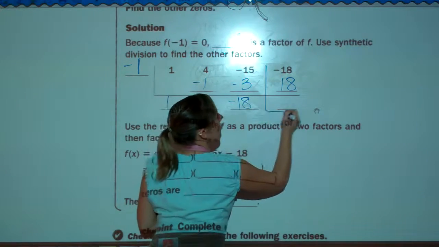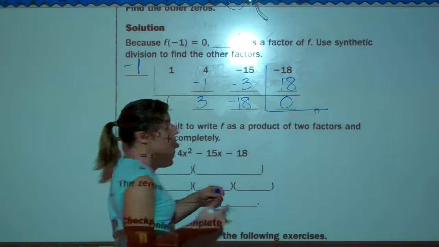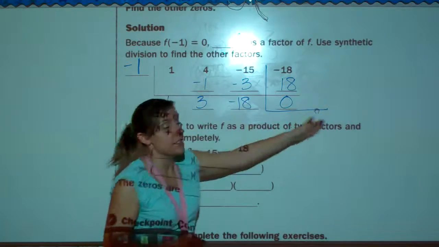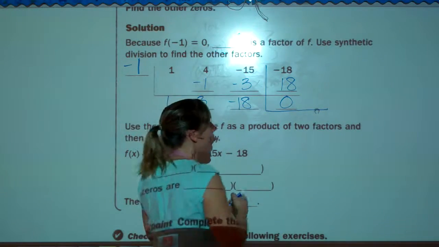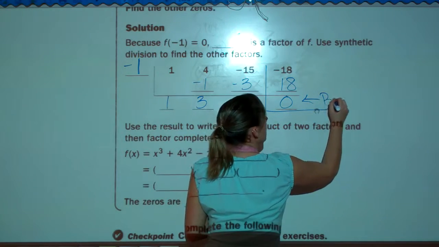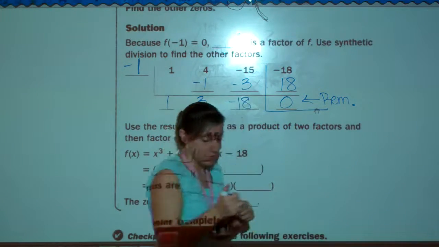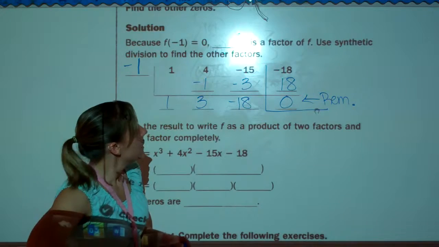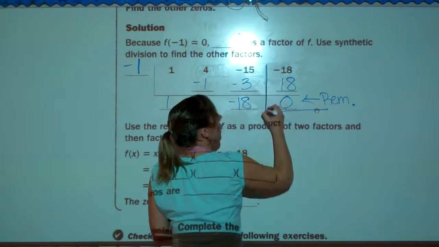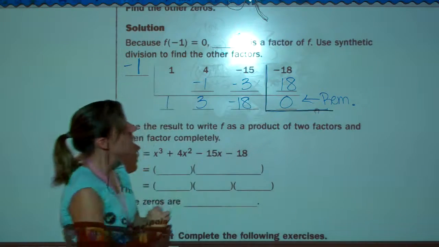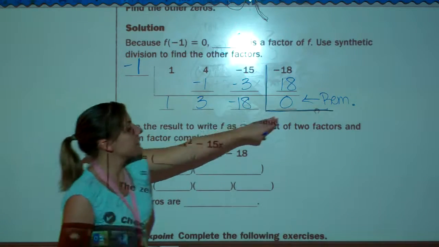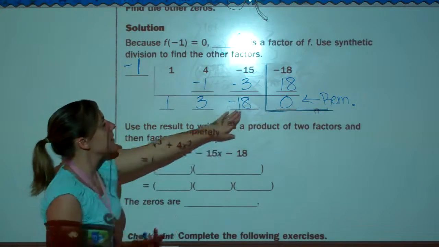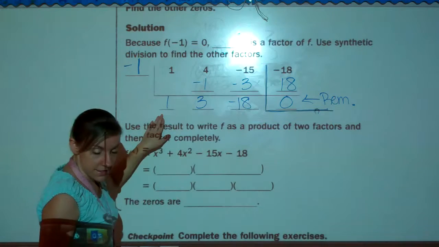And remember, if we're factoring, we really want a 0 in that last corner, okay? We need the remainder to be that 0, which is exactly what we have. So, building on the other examples, we now know that that's the remainder. So this is the constant, that's the x, and that's the x squared.